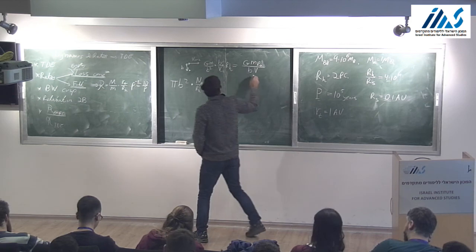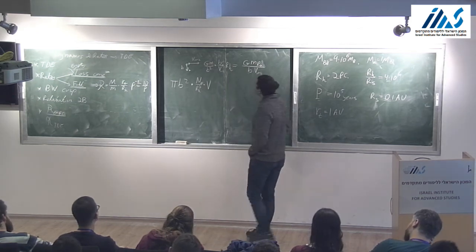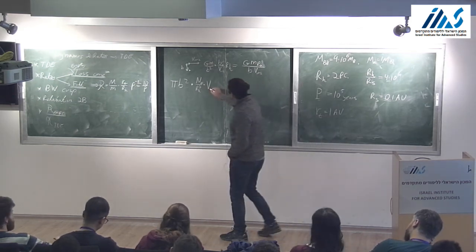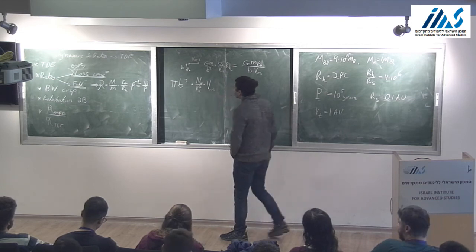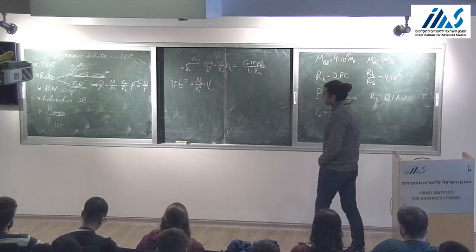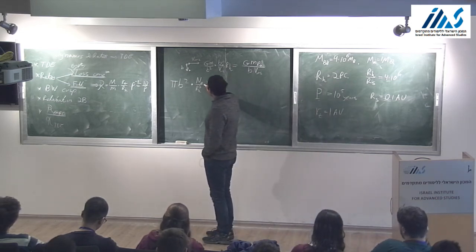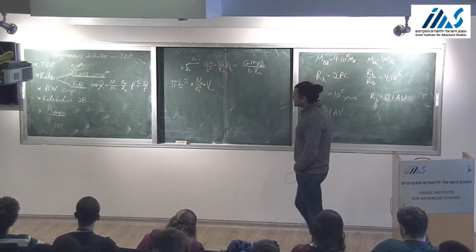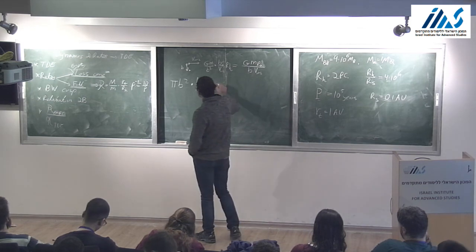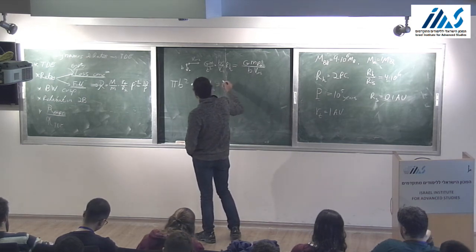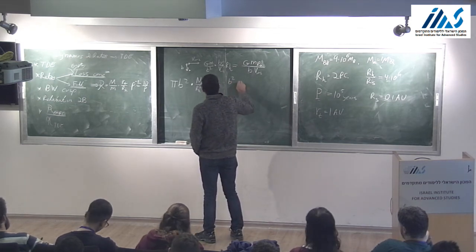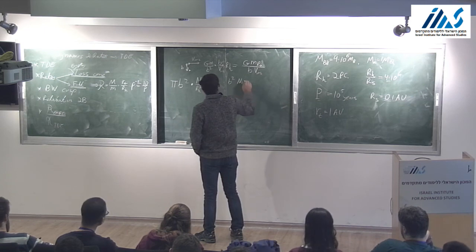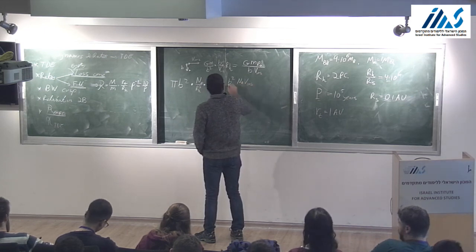This is the orbital velocity around the black hole at R_H. So what did I get? Well, more or less what there is here: b squared, N star, v orbit over R_H cubed.